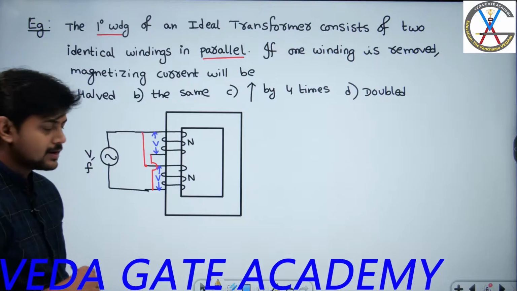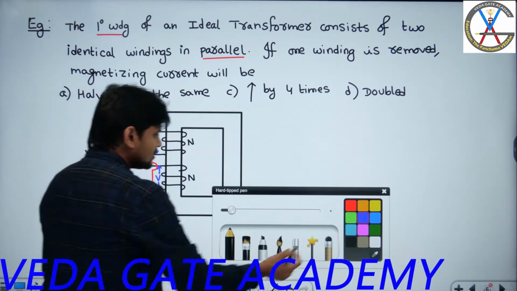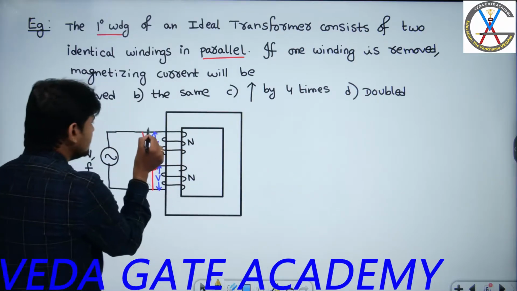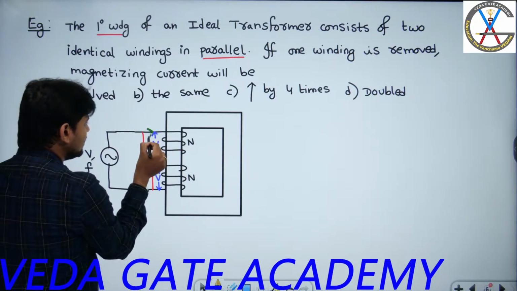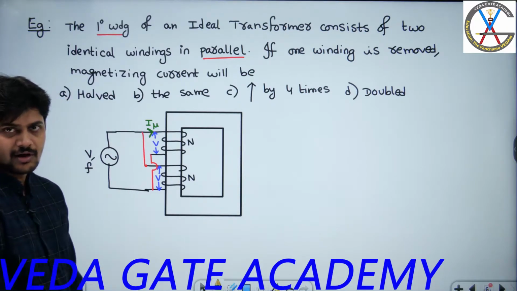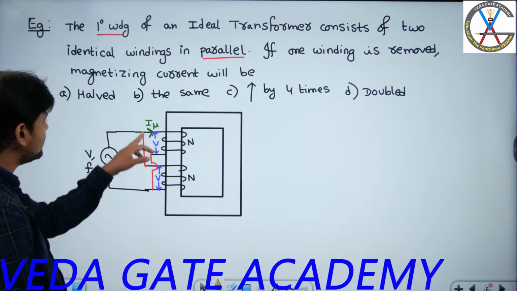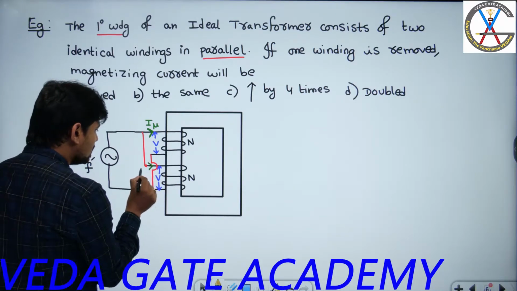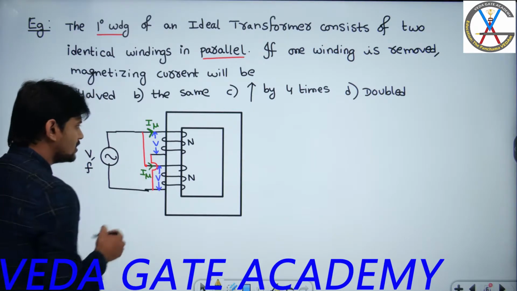Are you following? Right. Now let us assume that, in order to produce the flux, this first identical winding is drawing a current of I mu. If it is drawing a current of I mu, obviously this second winding will also draw the same amount of current, since both are identical windings.